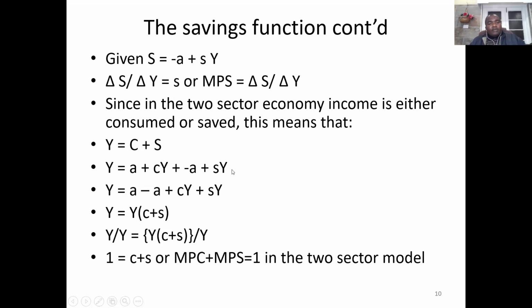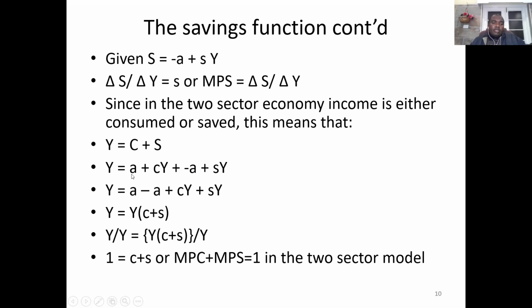So if we add the two functions, capital letter Y is equal to A plus CY, which is our short-run consumption function, plus minus A plus SY, which is our savings function, which we introduced a short while ago.